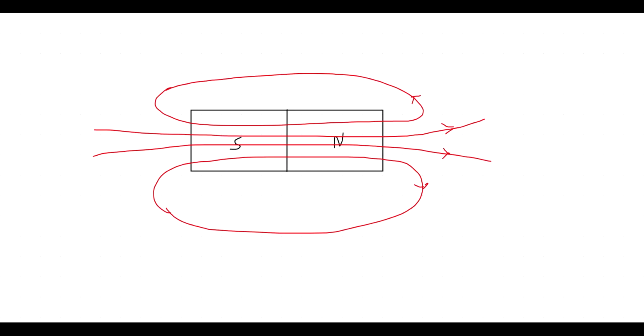Okay, so how to measure or how to detect, how to observe magnetic field? It can be done with a small circuit with electric current. A small circuit for electric current.